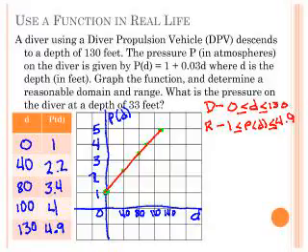Now the last piece that it asks from us is to figure out what the pressure will be when the diver is 33 feet deep. So all we do is plug that 33 in, and when we do that, we get 0.03 times 33.